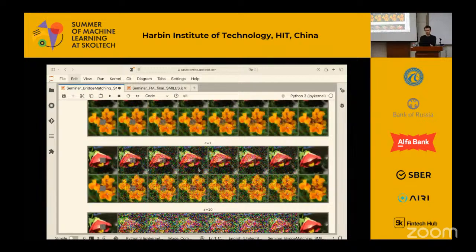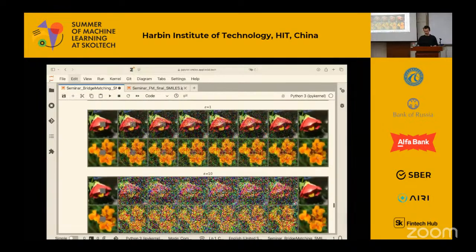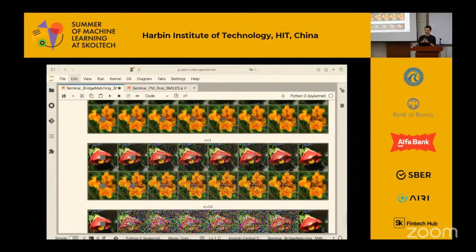For example, for some kind of toy problem, you would not see very much of a difference between different volatility coefficients, when it is reasonable, so not as noisy as this one. In general, there exists some kind of optimal volatility coefficient that is good for your problem. For image-to-image translation problems, it is relatively low, like 10 to the power of -3 or -4, I think.